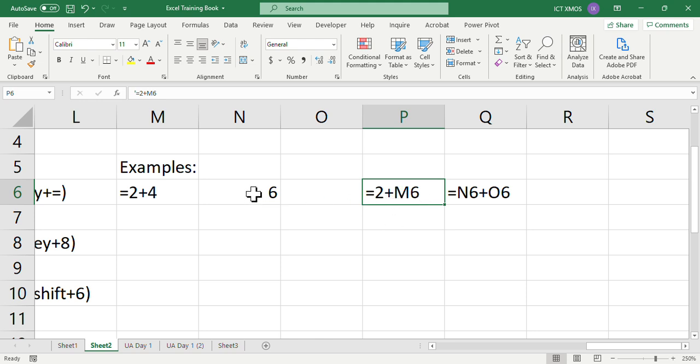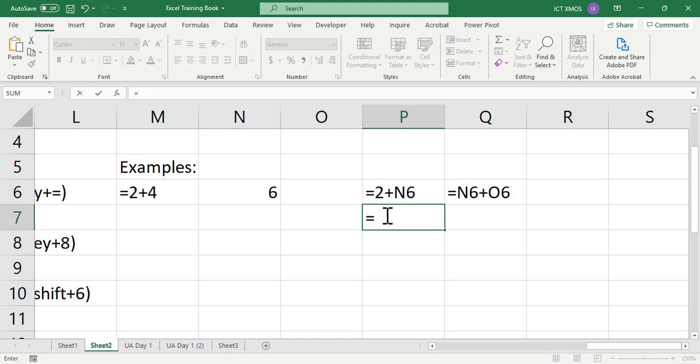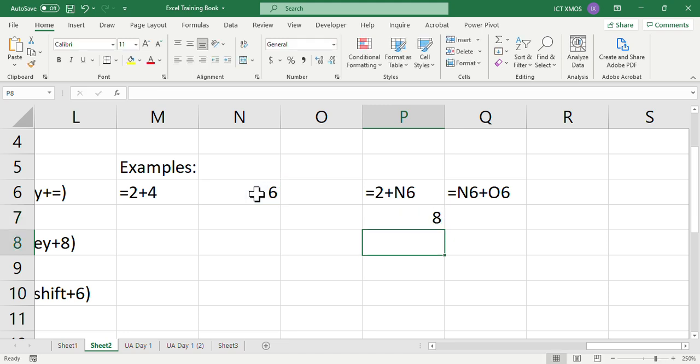Let's say we are referring to this, N6. So let's change the formula to N6 and see. I want to put the formula here: equal to 2 plus N6. You're adding 2 to whatever is in N6.